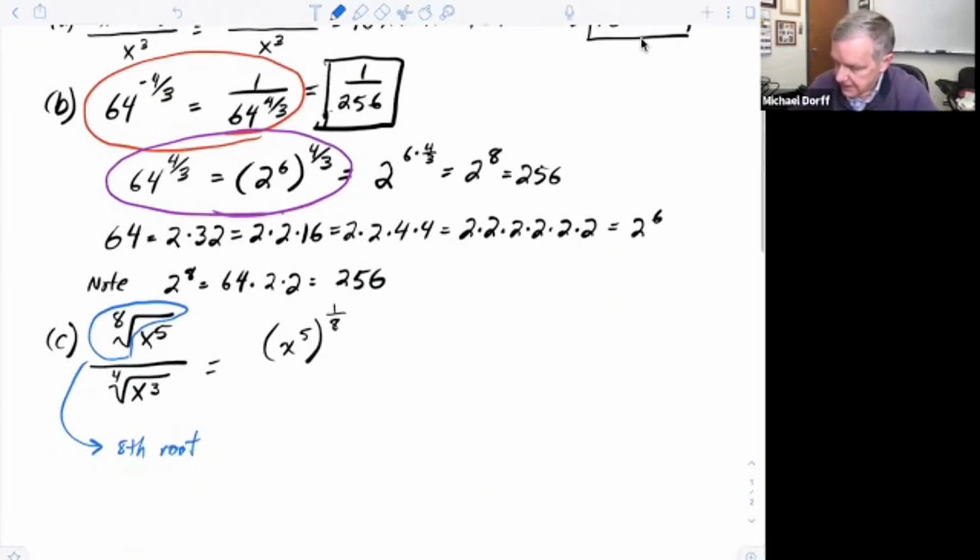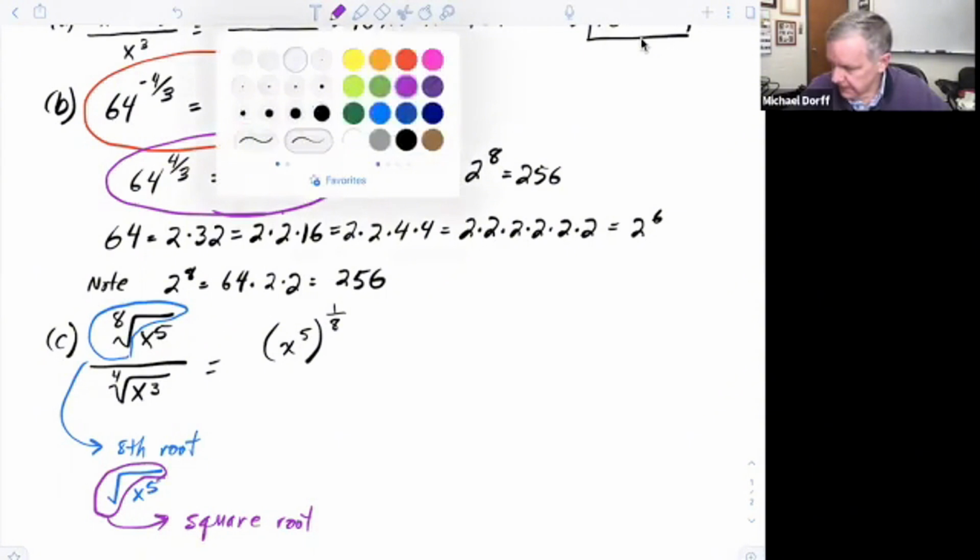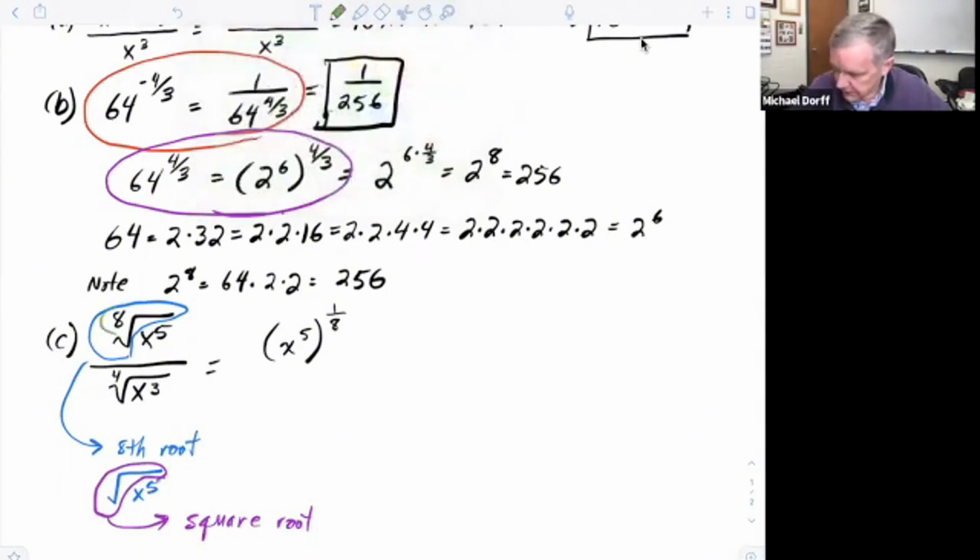If you had the radical with no number, that means the square root, or you could think of it as the 2nd root. So whatever number is out here in the top left of the radical sign is the root of that.